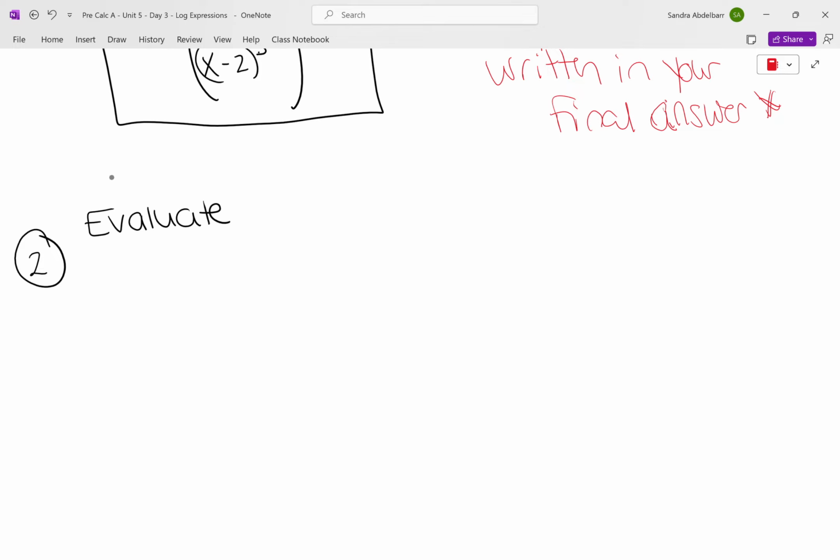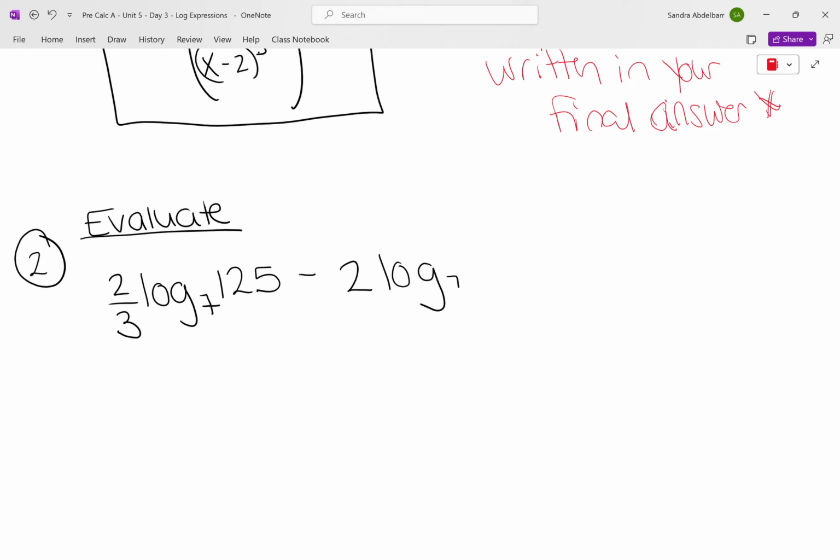So now I want us to evaluate. And I'm going to have 2/3 log base 7 of 125 minus 2 times log base 7 of 35.